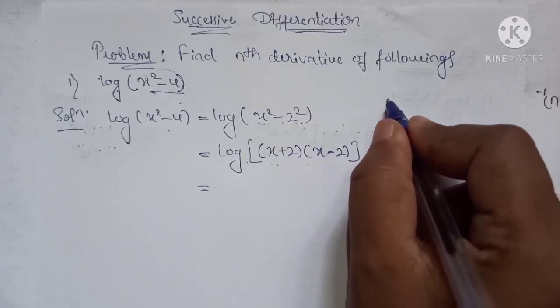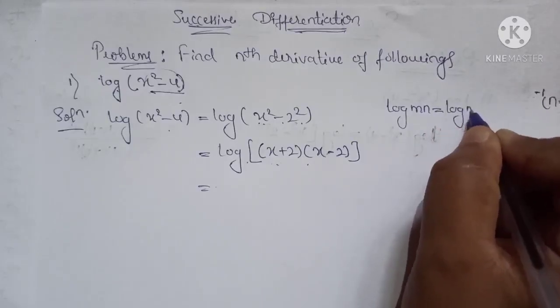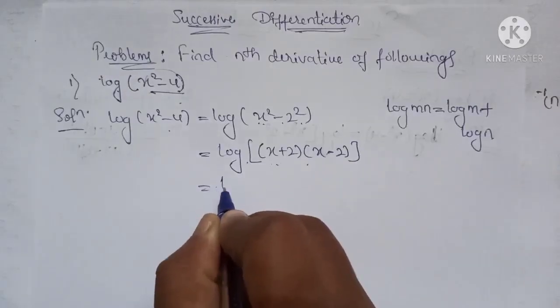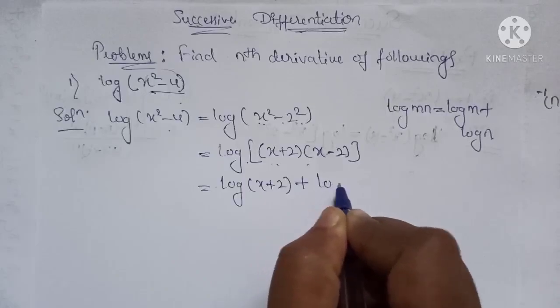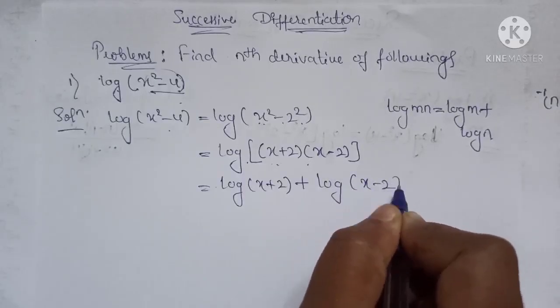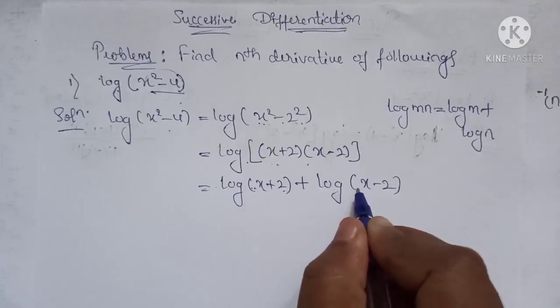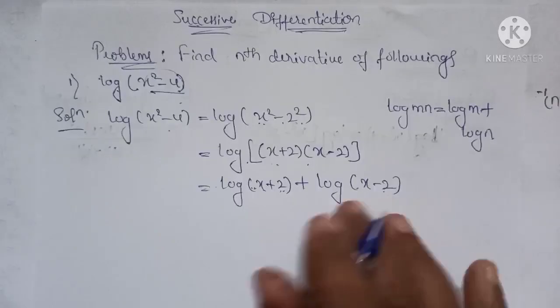We know that log of m into n equals log m plus log n. So therefore it can be written as log of x plus 2 plus log of x minus 2. Now it is in the ax plus b form. Here the a value is equal to 1, here also the a value equals 1, the b value equals plus 2, here the b value equals minus 2.